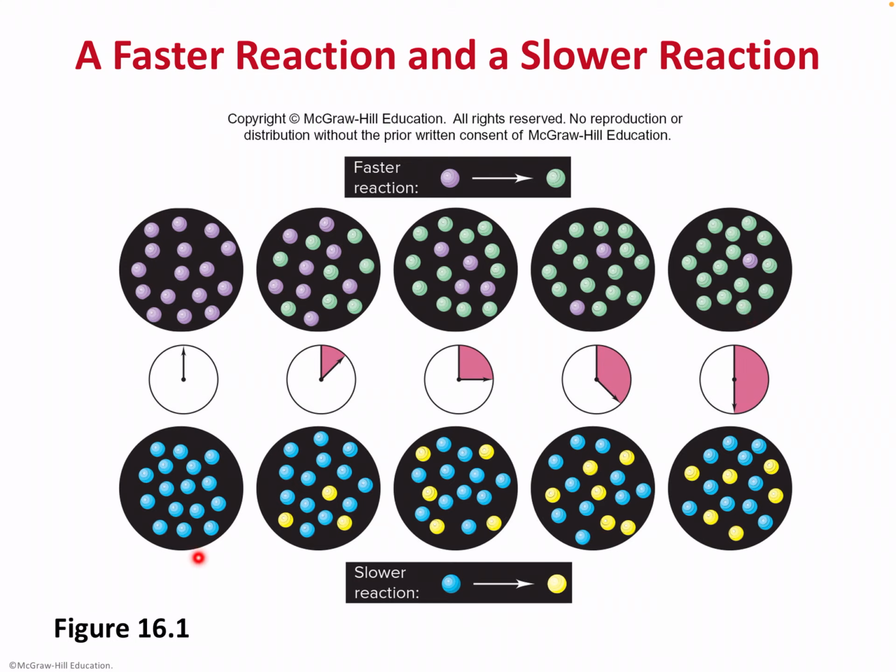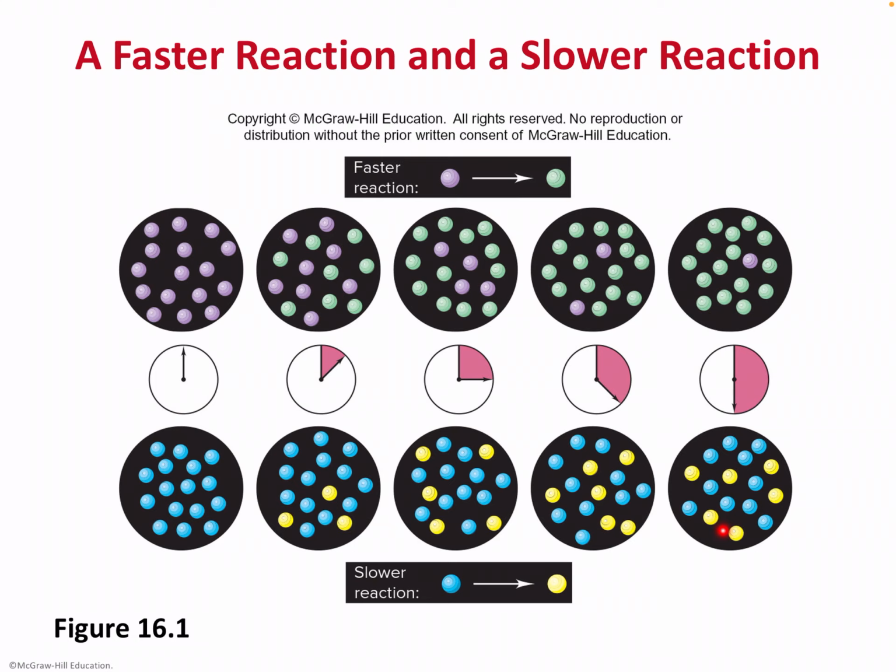And then let's look at the other reaction. The second one, where we start with some blue spheres. Blue becoming yellow is our reaction. So with the same time, what do we see here? We have more of the blue ones left over, right, with the same time period.